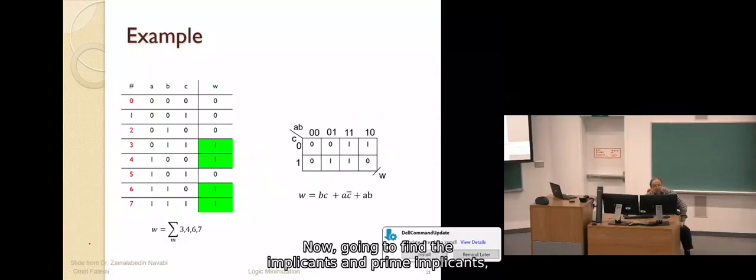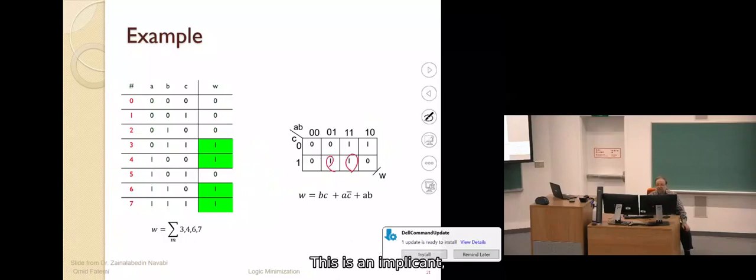Now, going to find the implicants and prime implicants and essential prime implicant. Implicants. The single cell implicants. This is an implicant. This is an implicant. This is an implicant. This is an implicant. For example, this one. Which term is that?